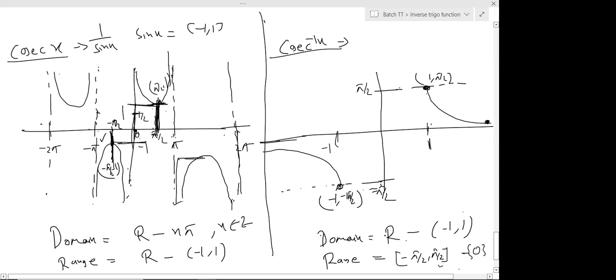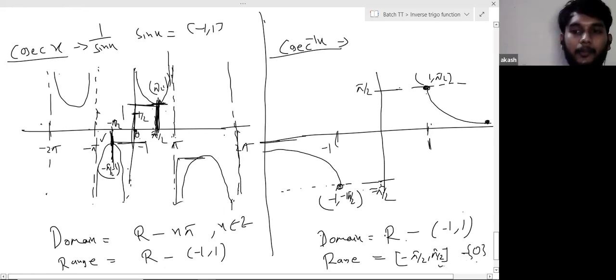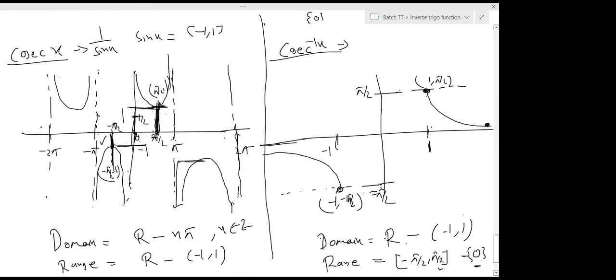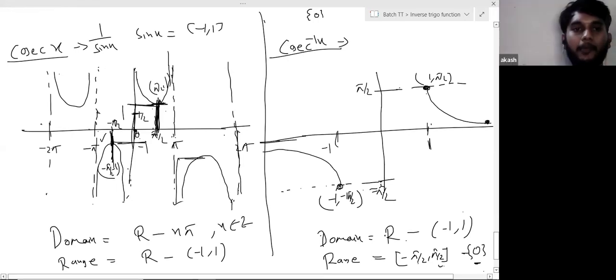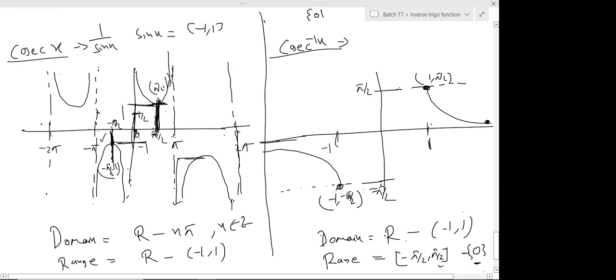The curved brackets represent the set, and one element in the set is 0. We are removing from minus pi by 2 to pi by 2; there is 0 also, but we are removing 0. Please note it down.